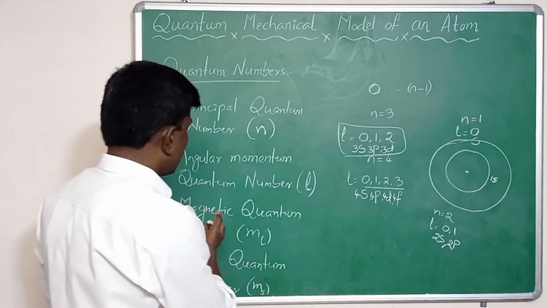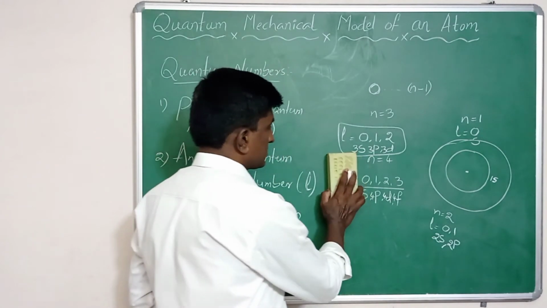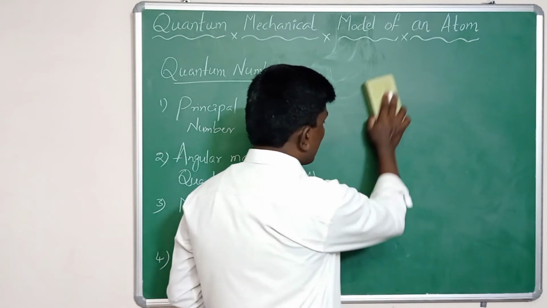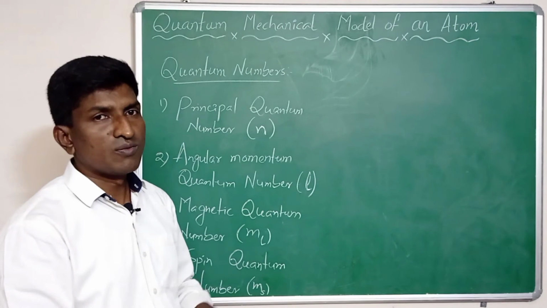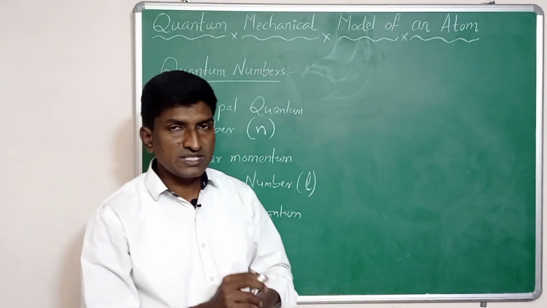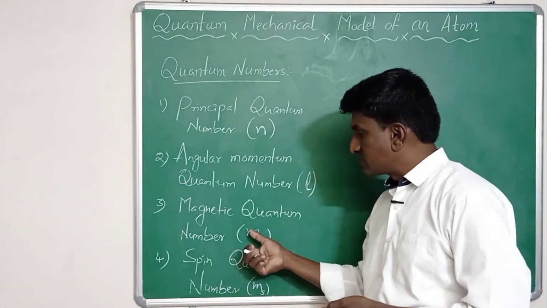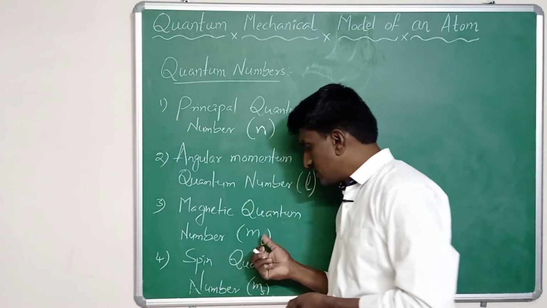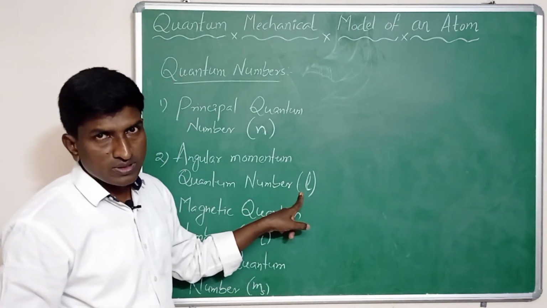Now come to the magnetic quantum number. These subshells again divide into a number of finer shells. The orientation of these subshells in space, or region of space, is explained by the magnetic quantum number. This magnetic quantum number is denoted with ml. It mainly depends on the angular momentum quantum number.